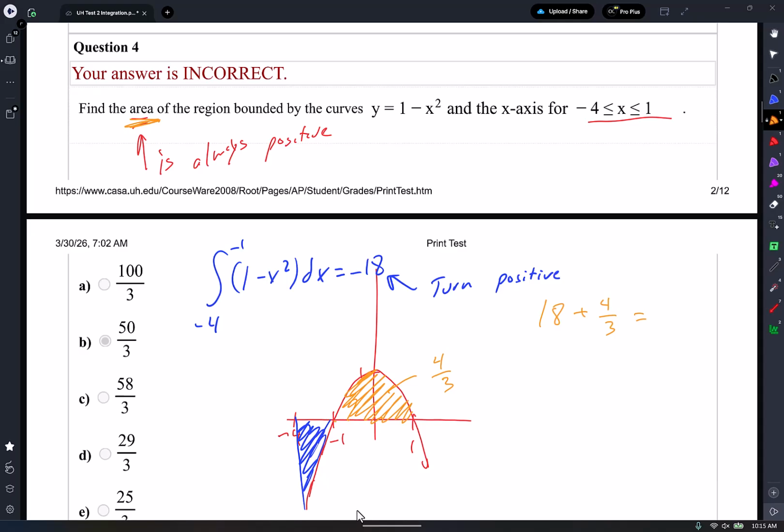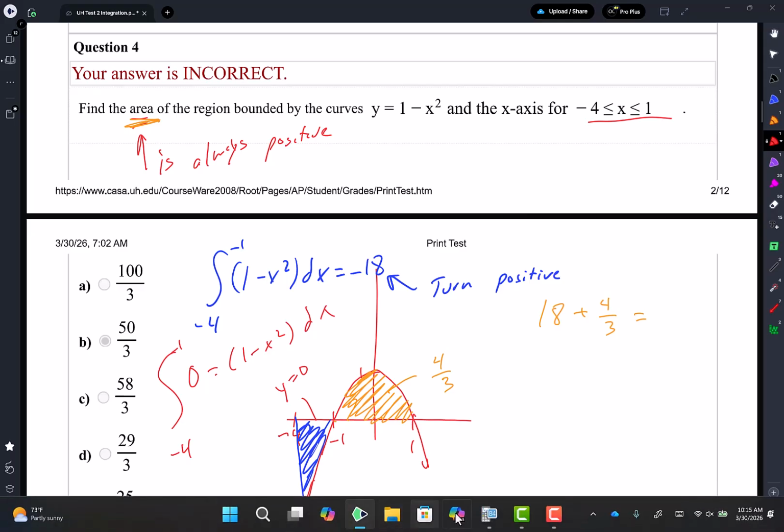I think what you're trying to tell me is, how do I force it, when you do upper minus lower. That's why I told you that yes, you can do that. If you set the x-axis as y equals 0, then you can go 0 minus 1 minus x squared, integral from negative 4 to negative 1 dx, and this will give you a positive 18. So if you do 0 minus this, that will give you a positive 18. You want to try it, just so you can see?